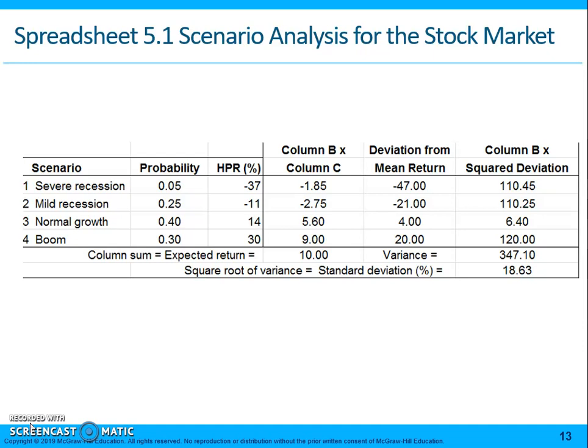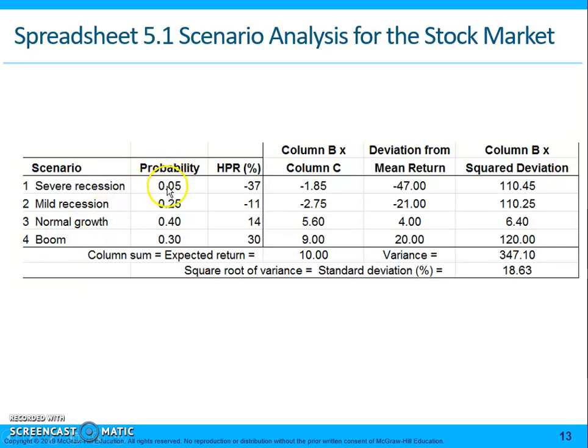Spreadsheet 5.1, it's a scenario analysis for the stock market. We've got 4 scenarios, one through 4: severe recession, mild recession, normal growth, and boom.